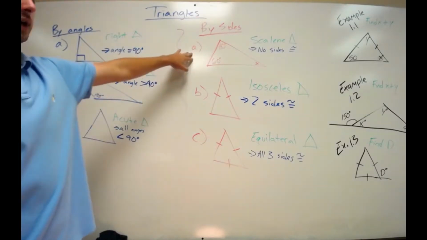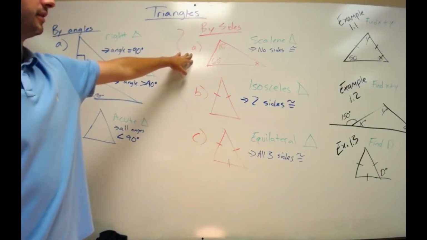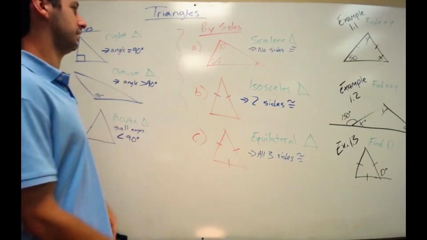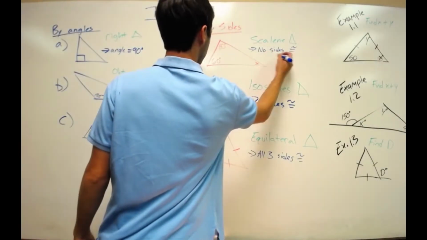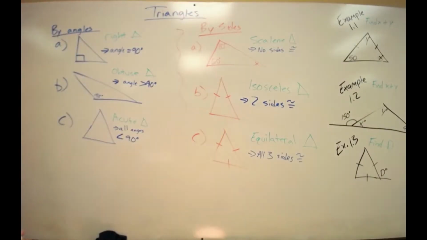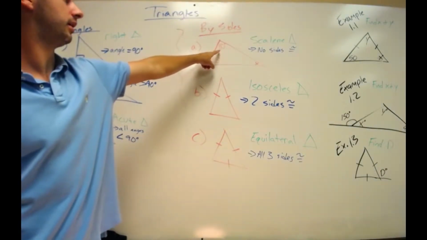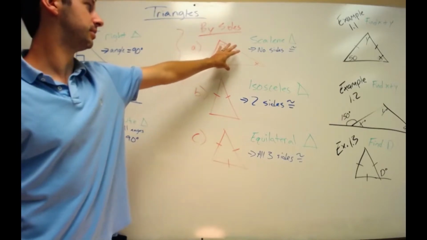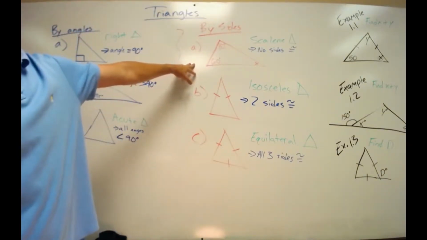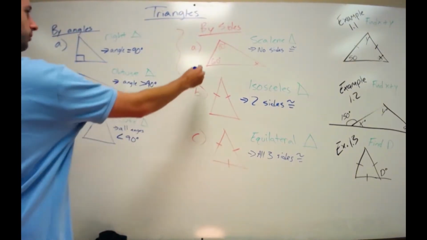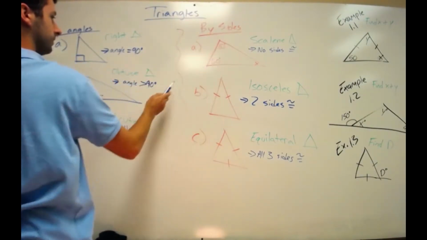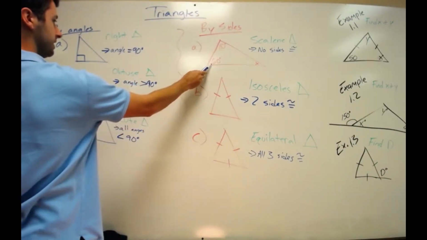The first way is scalene. Now what scalene means is that no sides are congruent. And we can see that no sides are congruent in this first triangle because of their angles. In order for sides to be congruent, they must have the same angle measure. So in one angle we have 80, another angle we have 60.